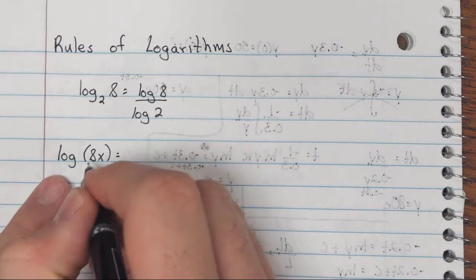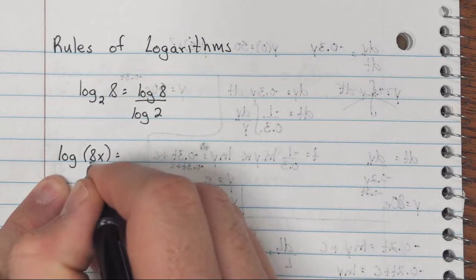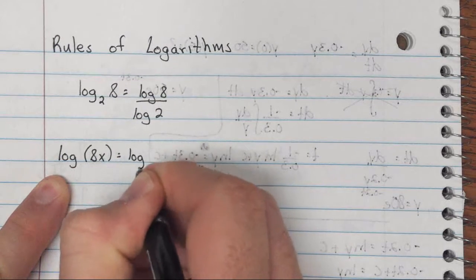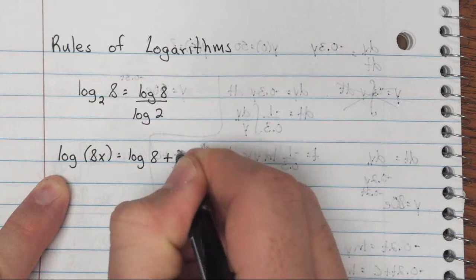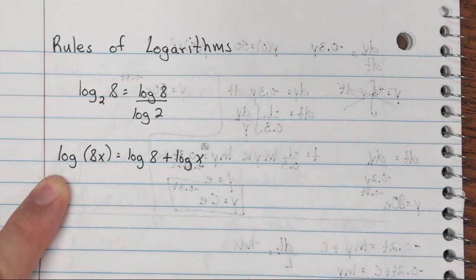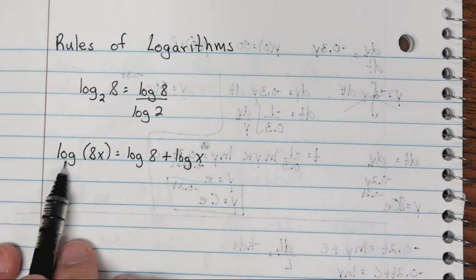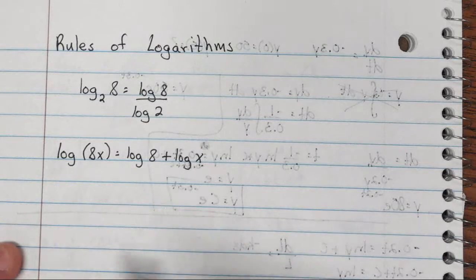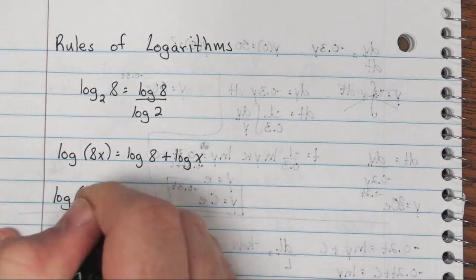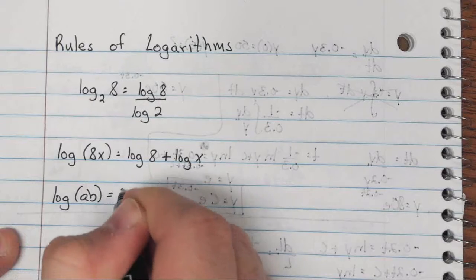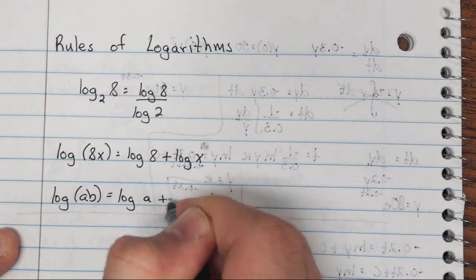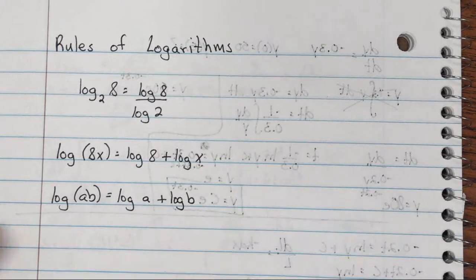Product rule says the log of something times something can be split into the log of the first plus the log of the second. So a product can be split into the sum of two logarithms. Log of 8x is log of 8 plus log of x. The log of AB is the log of A plus the log of B. Again, that's your product rule.